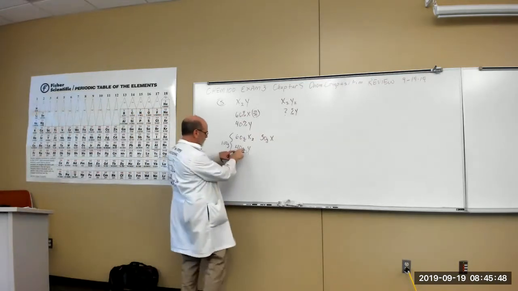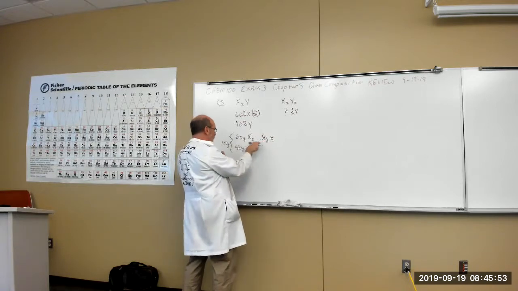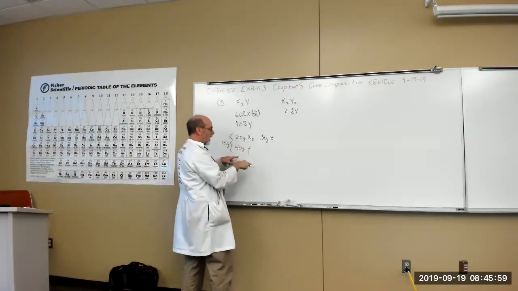And this represents 1 Y. So 30 grams per X, 40 grams per Y.